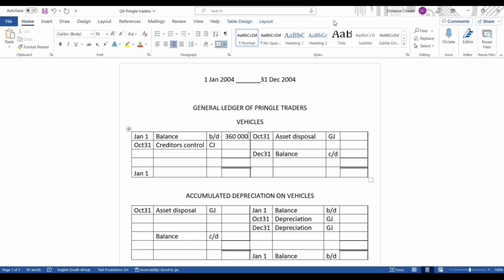So when we trade in, we're going to record the cost price here. We are going to record the cost price of the traded in vehicle, not the amount that we received when we trade in, or not accumulated depreciation. How much is it?